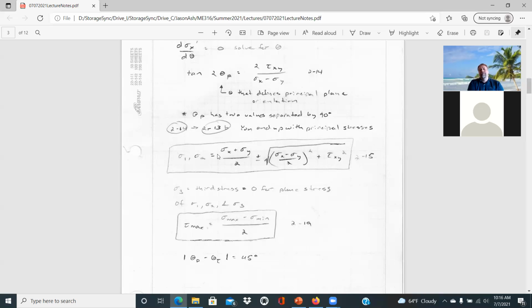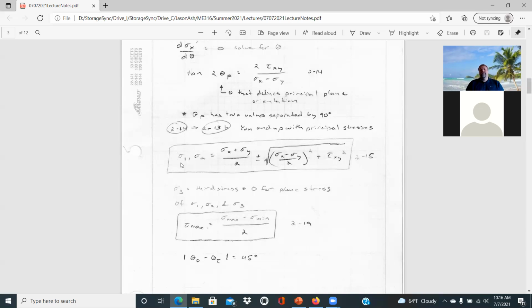But sigma 1, sigma 2, in that case, plane stress, will give you sigma x plus sigma y divided by 2 plus or minus the square root of sigma x minus sigma y divided by 2 squared plus tau xy squared. That will give you your principal stresses.